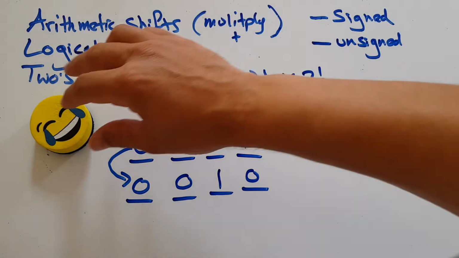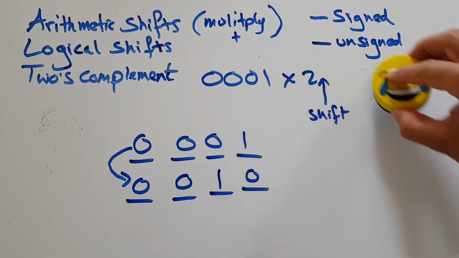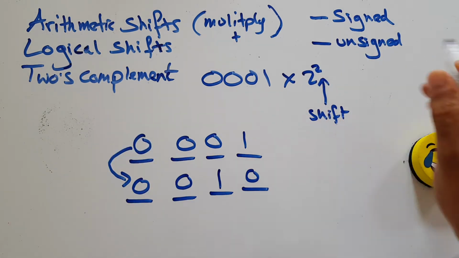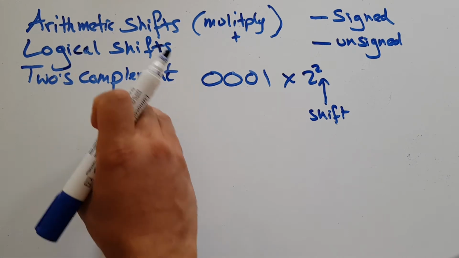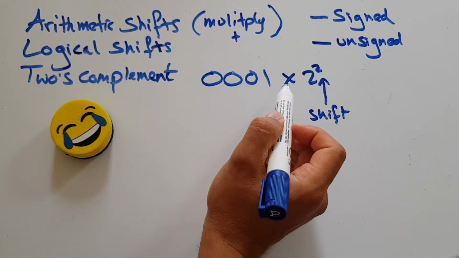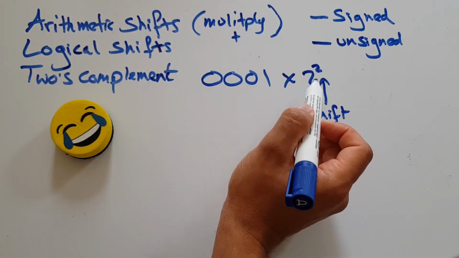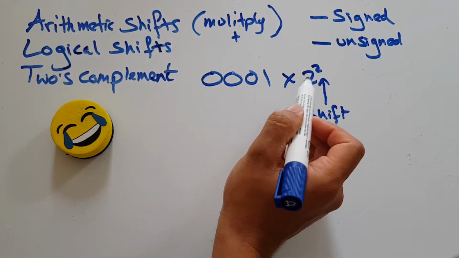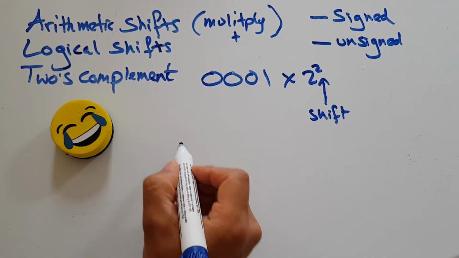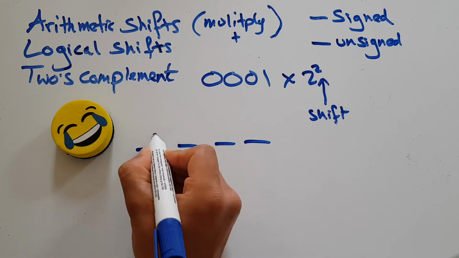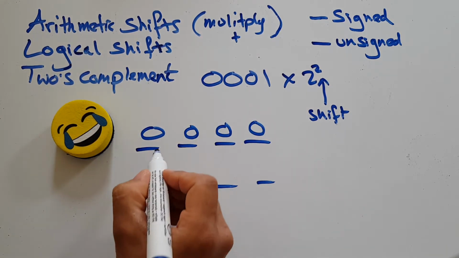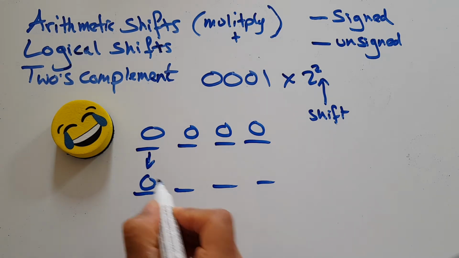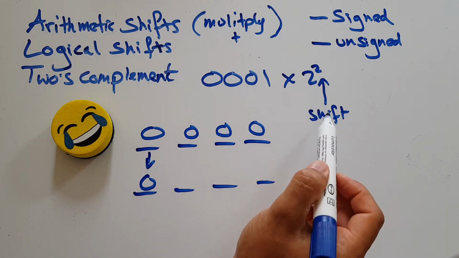So let's do another one. Let's say I now want to do 1 times 2 to the 2, which is 4. 1 times 4. Okay, so again, write out the binary 0, 0, 0, 1. Write out the new place values, drop down the MSB, and I'm shifting it how many places?